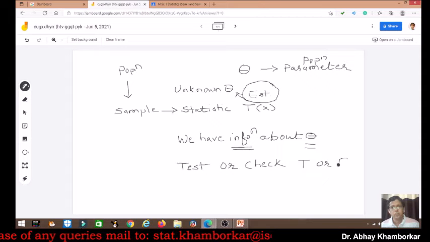What I am saying is that the population parameter theta is not unknown; in fact, we have some information about it. Our objective is not to estimate, because there is no need for estimation. We already have that information. Now we want to check whether this information about the population parameter theta is true or false.